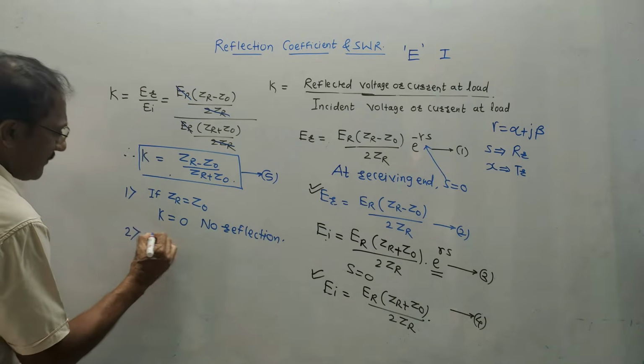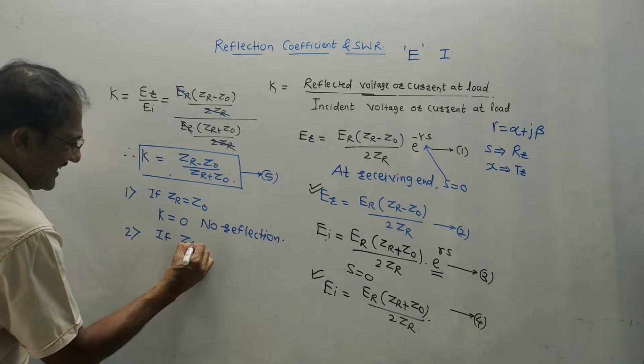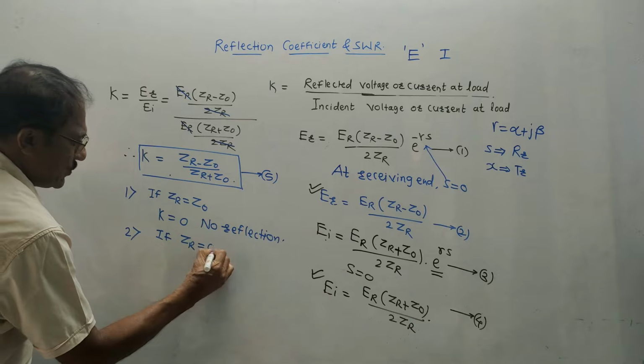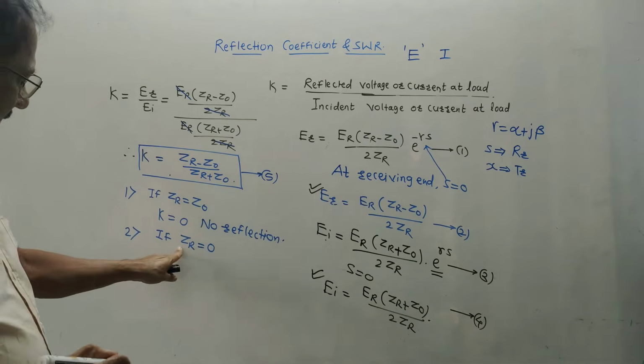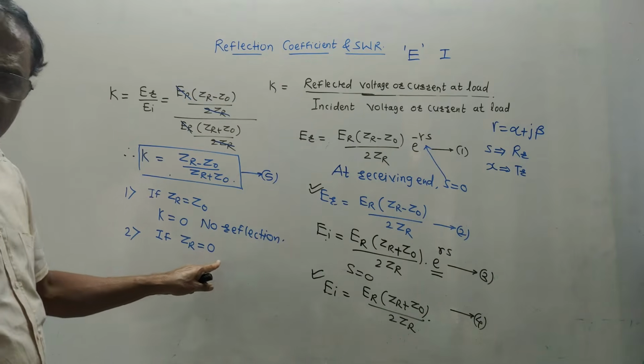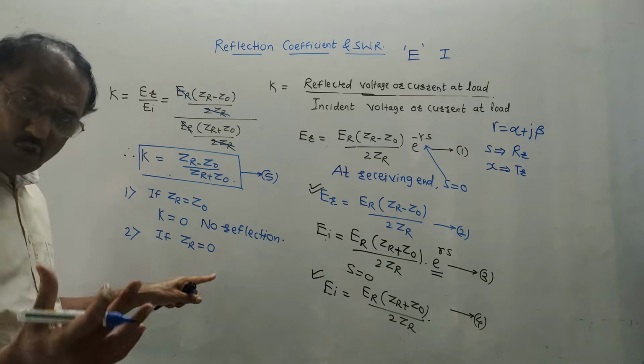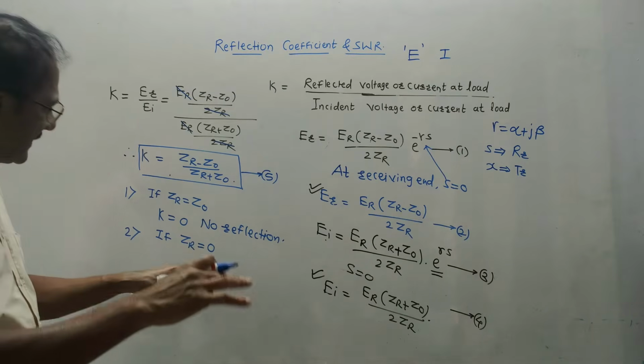Second comment: if ZR is equals to 0. Now ZR is the receiving end impedance. If ZR is equals to 0, that means impedance is 0, so there is no impedance connected.